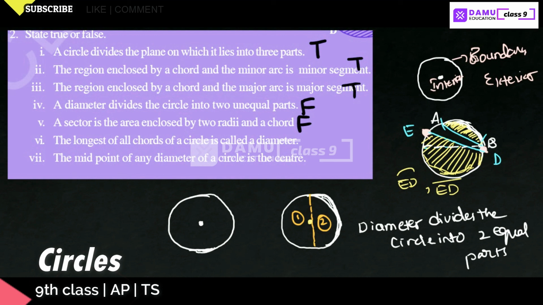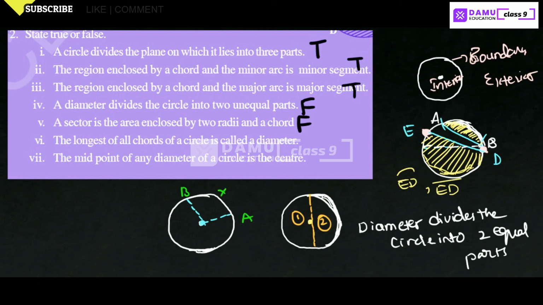A sector is nothing but two radii. So let's take this one as A, B. Here, if you want, you can take some X. So the sector is nothing but two radii and one arc. It is enclosed like this. It is a minor sector I am drawing. If it is a major sector, it will be two radii and a major arc.